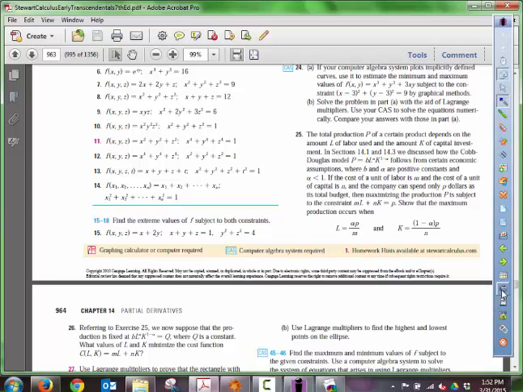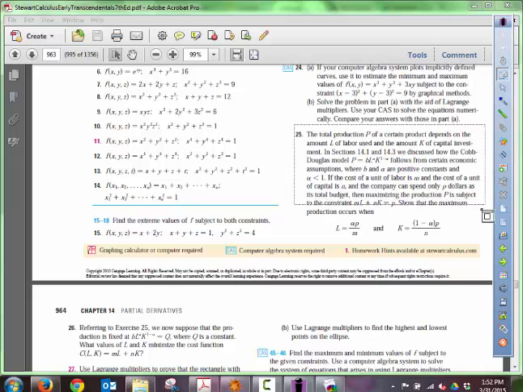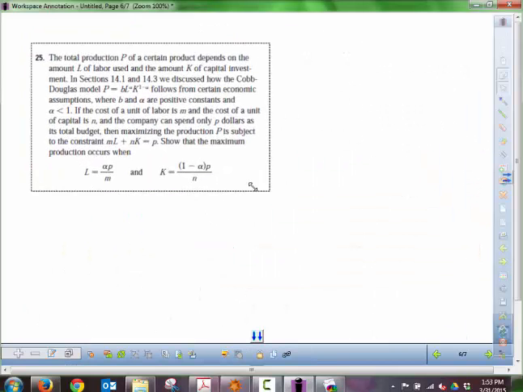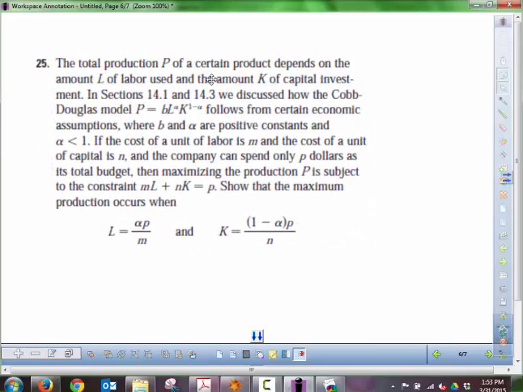So we're not going to do this, but let's just examine the mechanics of it. Total production of a certain product depends on the amount of labor used and the amount K, capital investments.